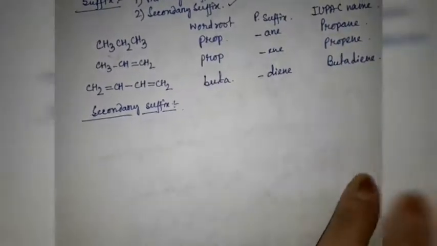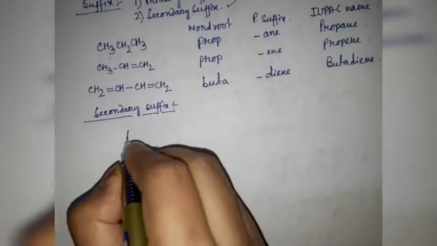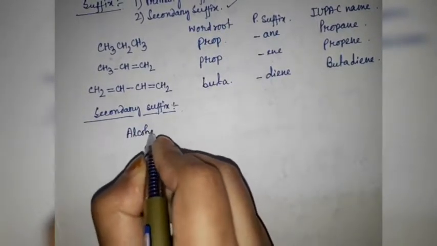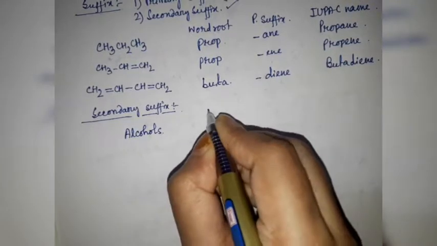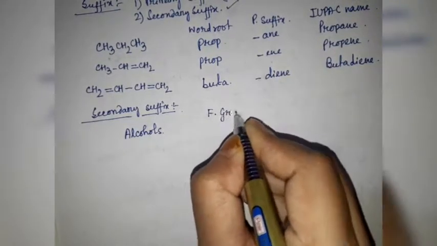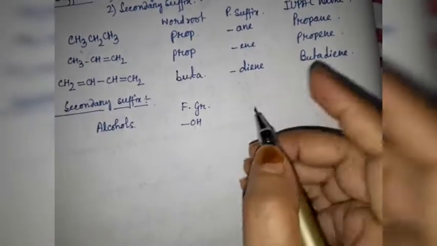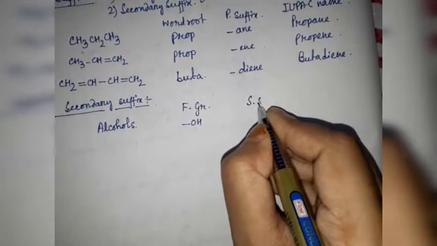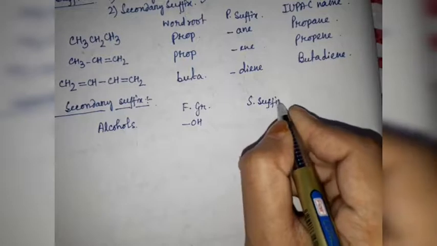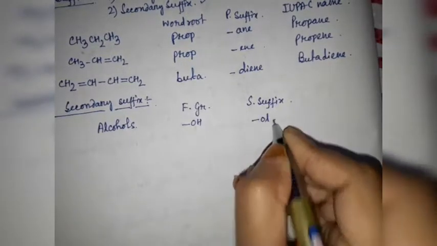So suppose we have alcohols, and the functional group will be OH. And the secondary suffix for that one will be ol.